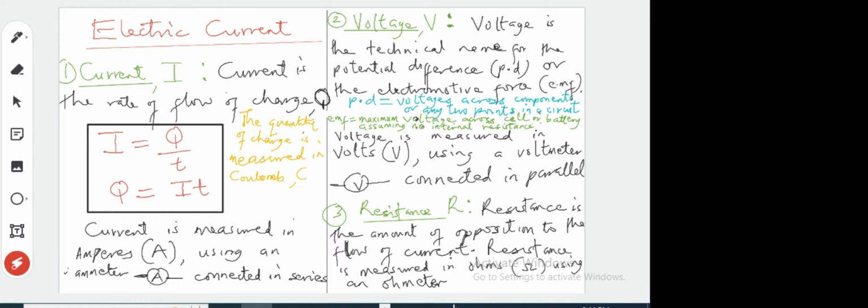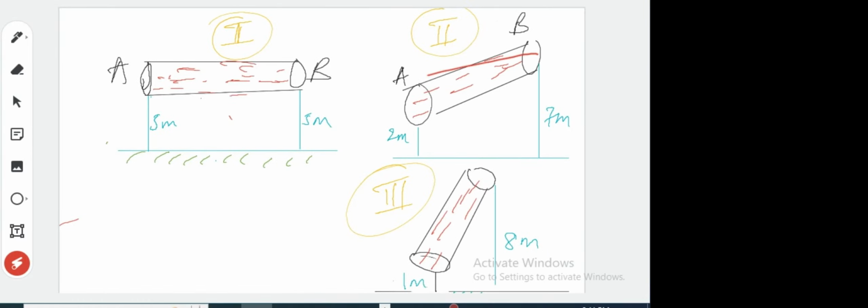In this case, the pipe is like a conductor, like a piece of wire. The water in it is the charge, which could be electrons, right? The difference in height is like the potential difference.